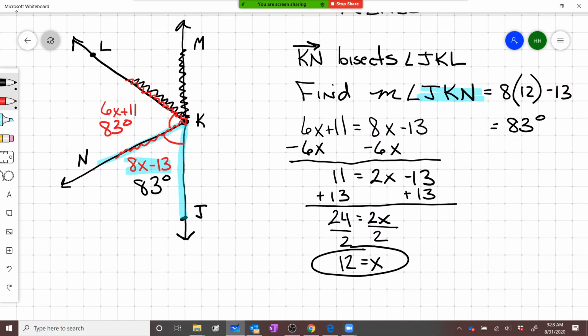Yeah, 180 minus the two other angles, because MKJ was a straight line. Those points were collinear. So if we take 180 minus 83 minus another 83, 83 and 83 is what? 166. So 180 minus 166 is 14 degrees. So the black angle up here is 14 degrees.